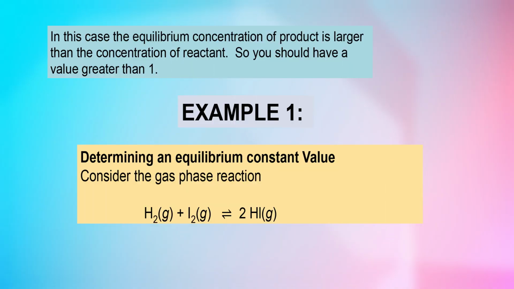Next, we are going for another example where you will see that the equilibrium constant is so high, greater than 1, that the concentration of the product at equilibrium is much larger than the concentration of the reactant. Consider this gas phase reaction, hydrogen plus iodine gives hydrogen iodide.